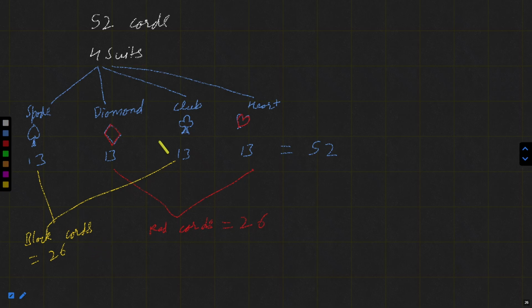Now if you recall the face cards, what are the face cards? J, Q and K. There are 4 cards for J, 4 cards for Q and 4 cards for K. In each set of four, one is of spade, diamond, club and heart, and the same goes for the others.